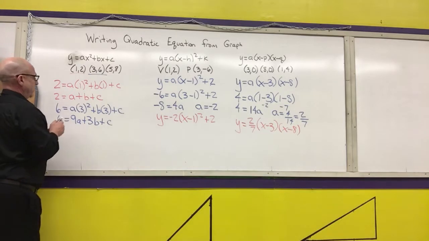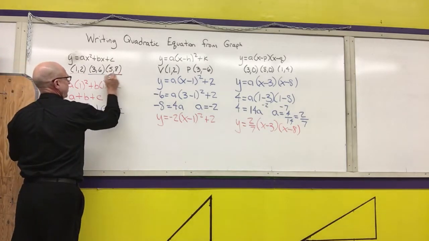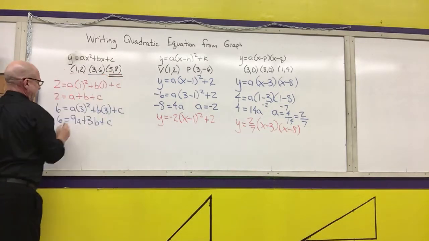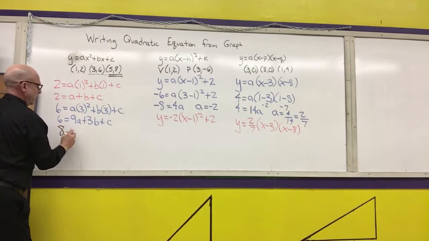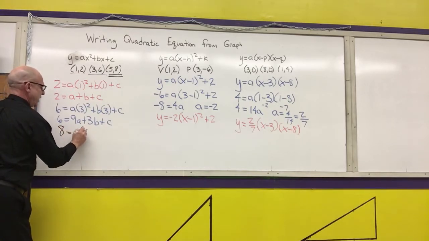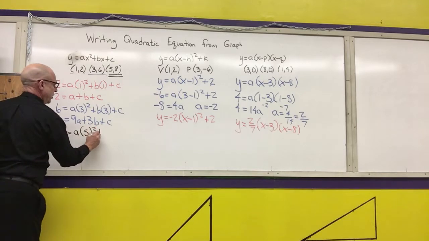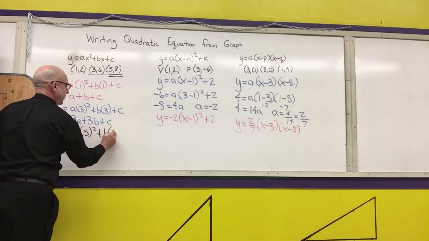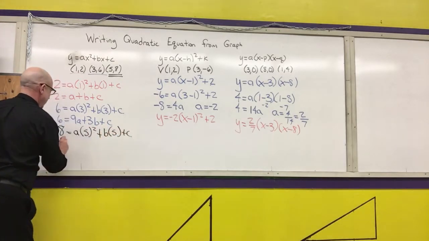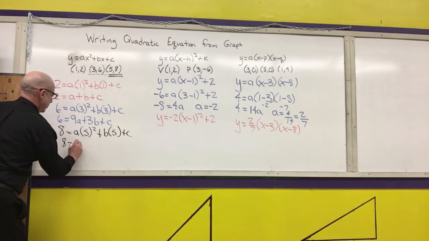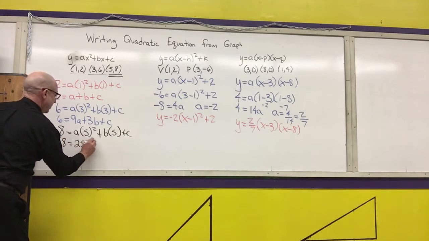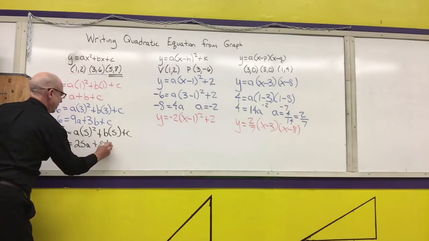And the final equation that I'm going to get to start off with, I get 8 equals a times 5 squared plus b times 5 plus c, which means 8 is equal to 25a plus 5b plus c.